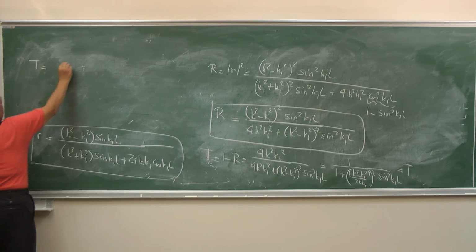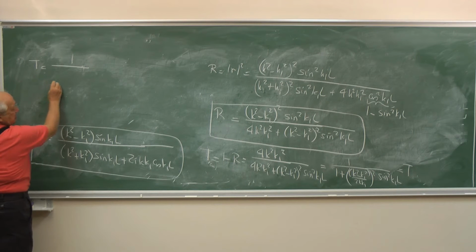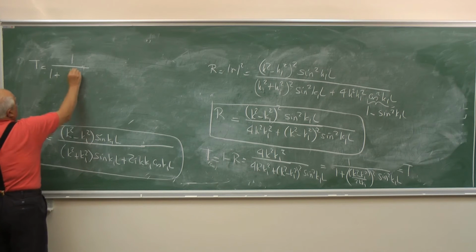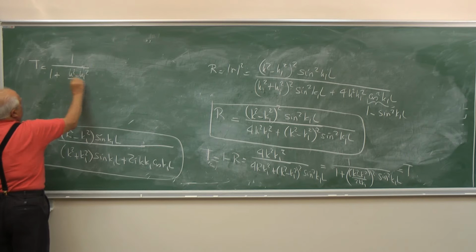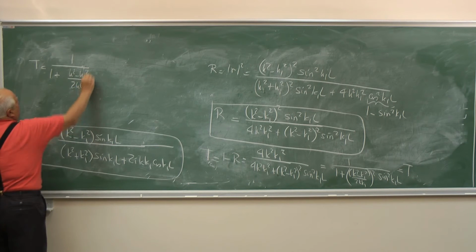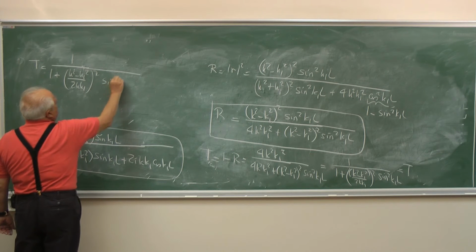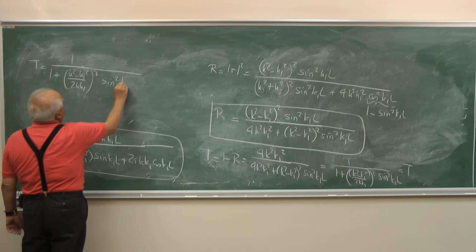T equals 1 over, I am writing this again, 1 plus k square minus k1 square over 2k k1 square sine square k1l.